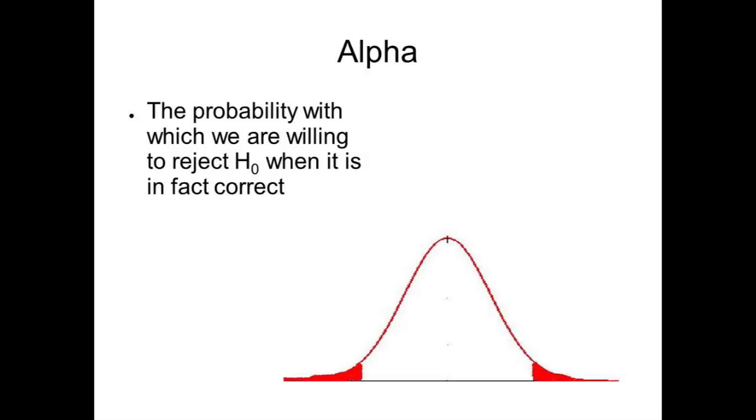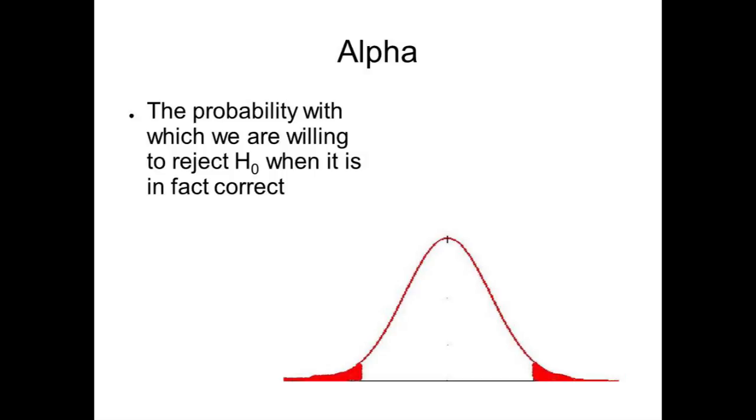And what alpha basically does is it sets the level that we're comfortable saying that this sample probably comes from a different population. In social sciences, including education, it's normally set at 0.05. Sometimes you'll see people play around with it and have an alpha of 0.01 or 0.1, but like 99.9% of the time it's 0.05. So there's always a chance we're going to be wrong, is what alpha is saying.